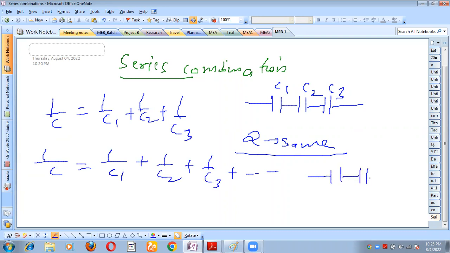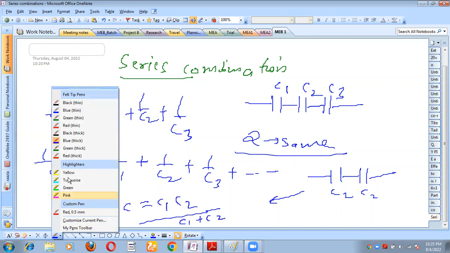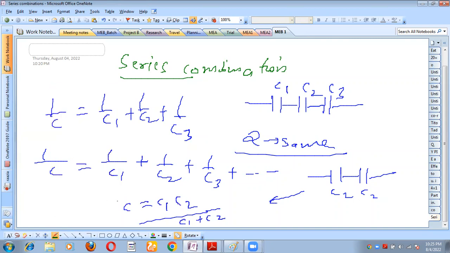If two capacitors are in series, this is a very important formula we should remember, and it is very frequently used. The equivalent capacitance is C equal to C1 C2 by C1 plus C2.